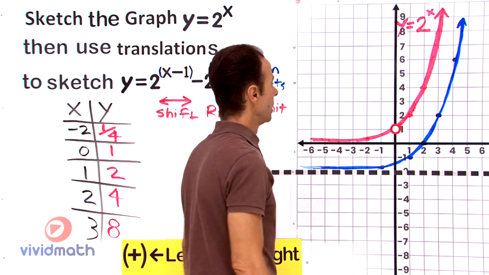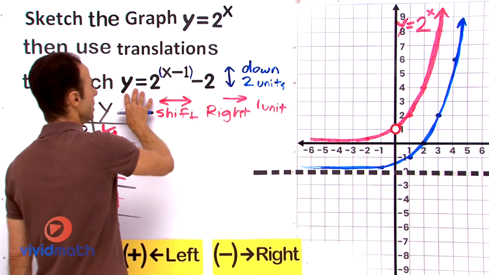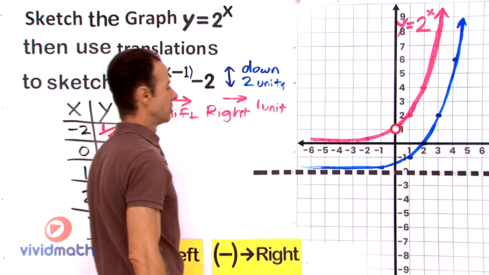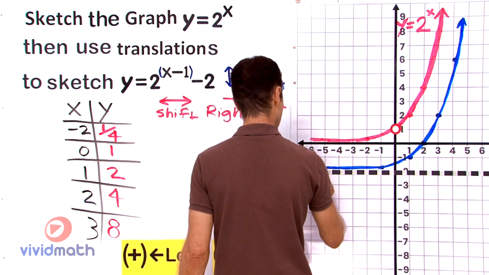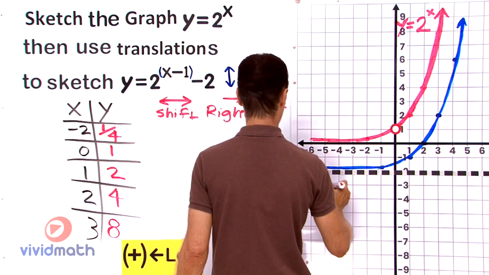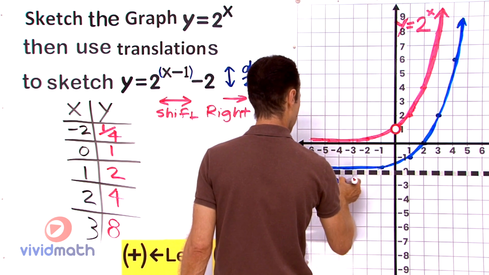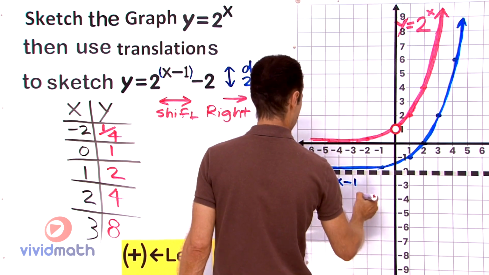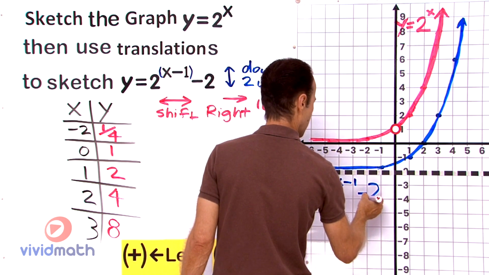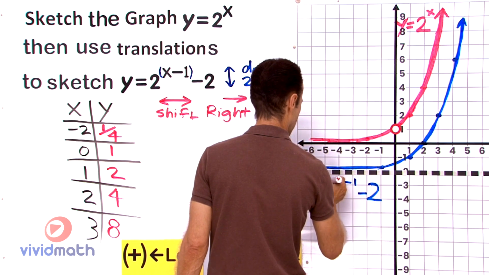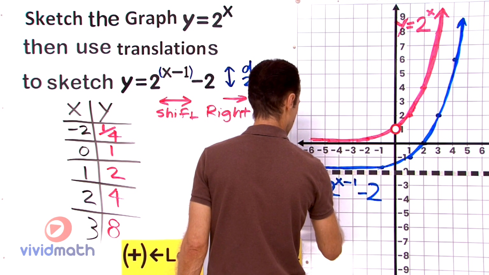There we are. This is the new function here that we've just drawn, y equals 2 to the power of x minus 1 minus 2. So let me just write it here. Y equals 2 to the power of x minus 1 minus 2. There we go.